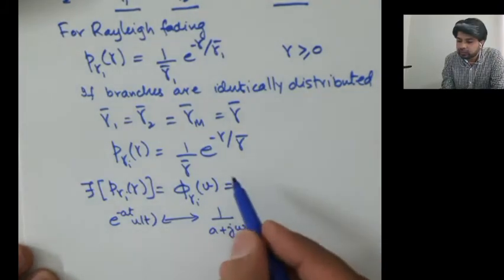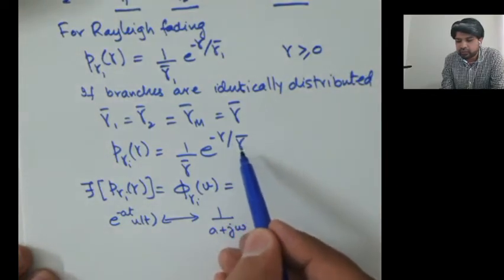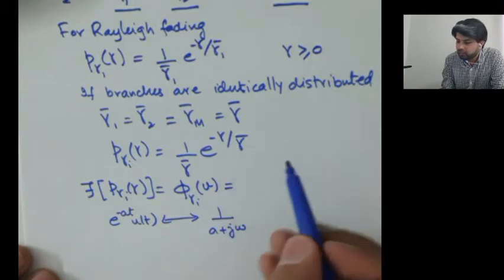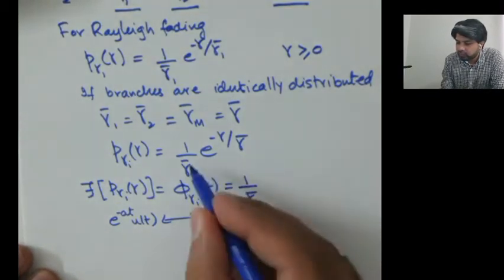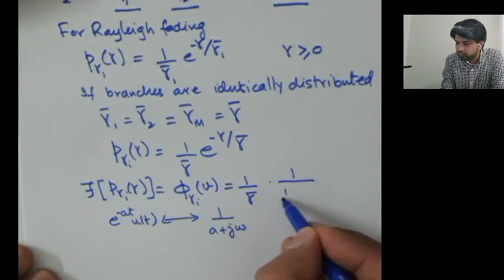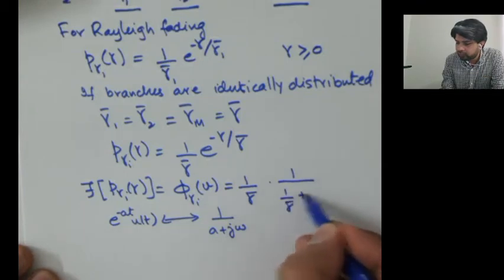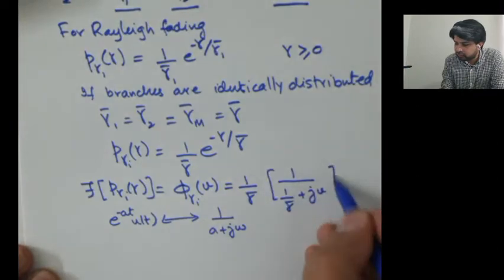In this case, for e to the power minus gamma over gamma bar, your a is clearly 1 over gamma bar, and the 1 over gamma bar factor would come as it is. The Fourier transform would be equal to 1 over gamma bar, divided by 1 over gamma bar plus jv. So that is your Fourier transform.